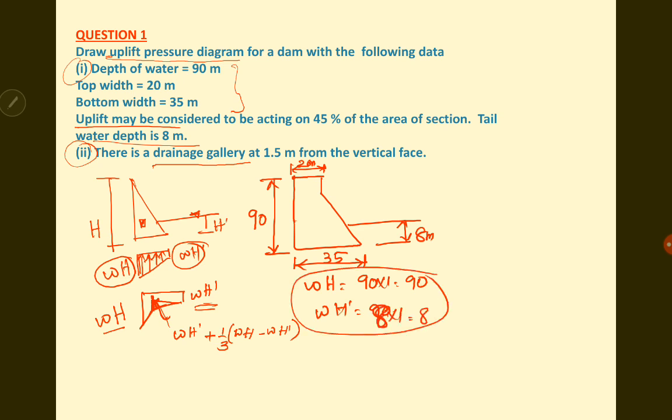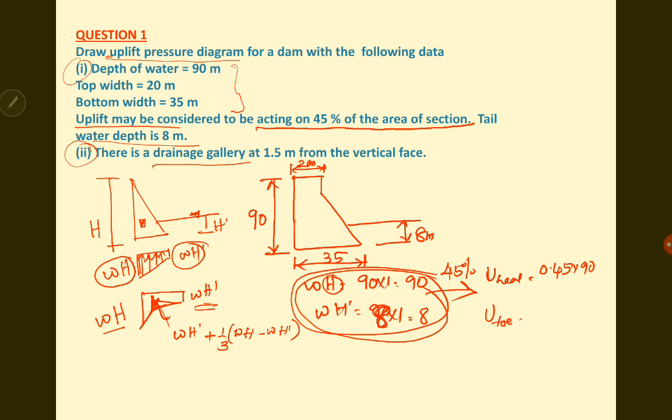But then they have given us that only 45% of the area of the cross section is considered for uplift. So you don't have to consider the whole of this. The H is only 45%, so you have to take 45% of this value. The uplift at the heel will be equal to 0.45 times 90. Uplift at the toe will be equal to 0.45 times 8.